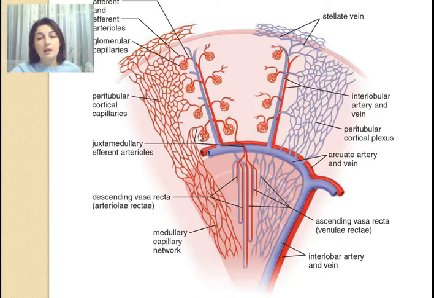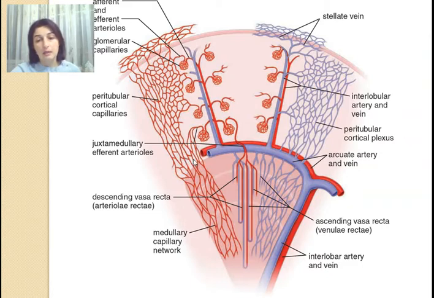Also, some branches of the efferent arterioles which arise from the glomeruli of the juxtamedullary nephrons form a capillary network, which is the peritubular network, around the tubules of the juxtamedullary nephrons.